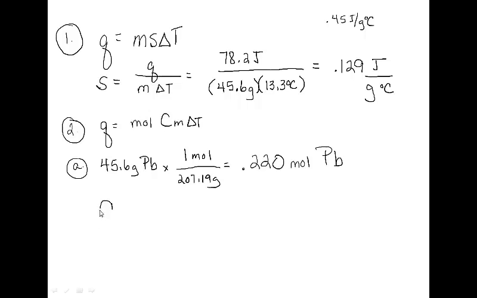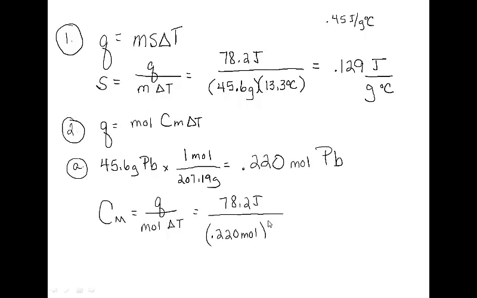I want to find molar heat capacity, and it's going to be algebraically manipulated, and plug in, and you are going to get Q over, instead of where there was mass, there's now moles of. Everything else pretty much looks the same.